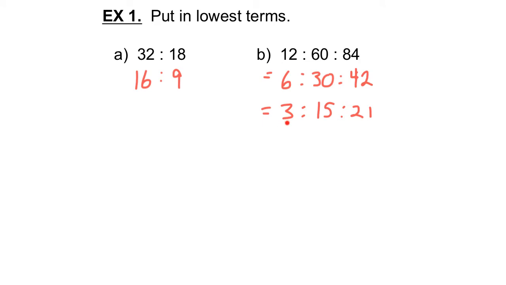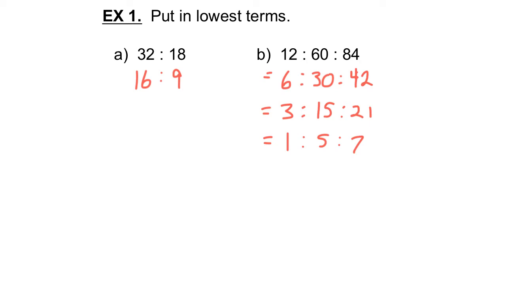It's a 3. So the only factors of 3 are 1 and 3. So let's check 3. Can 3 go into any of these? Yes, because 3 times 5 is 15, and 3 times 7 is 21. So our ratio reduces to, divide each of them by 3, 1 to 5 to 7. So that would be our ratio in lowest terms.